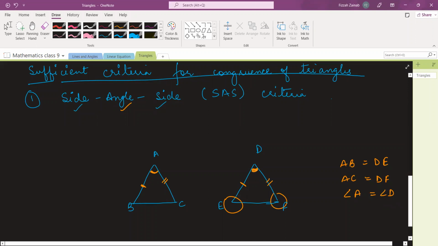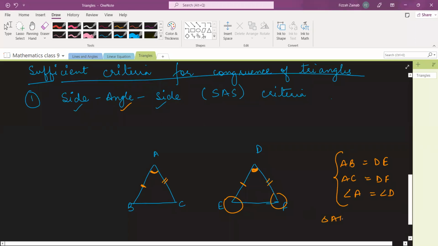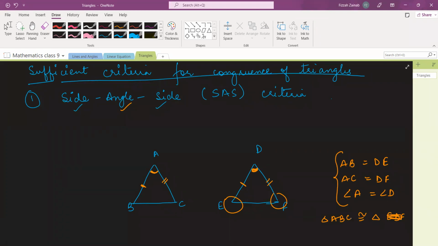I need this angle only, which is falling between these two sides. If these three conditions are satisfied, we say that by SAS criteria, triangle ABC is congruent to triangle DEF, like that.